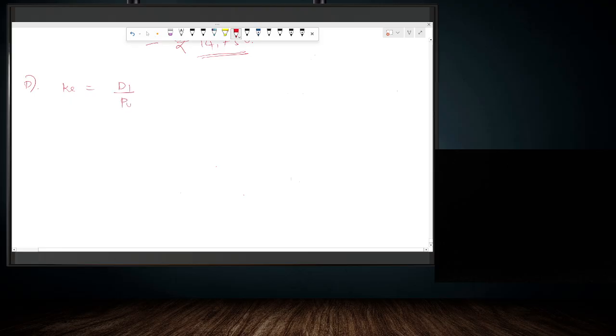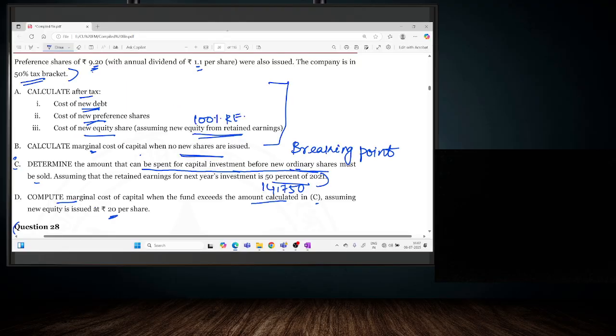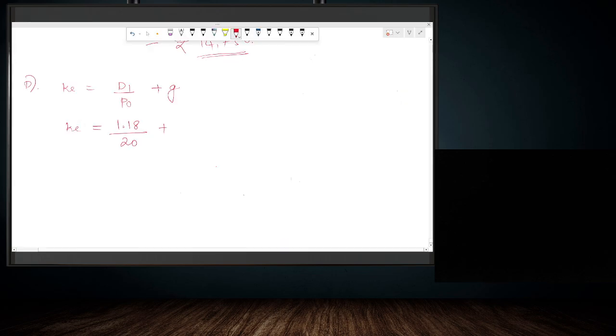D1 by P0 plus G. Cost of equity is equal to, what is the D1 that we already calculated? 1.18 divided by P0 is? P0 should not be 23.6, but it should be 20. Plus, in this question, no flotation cost is given. If flotation cost is given, that needs to be adjusted. Plus, growth rate is how much? 10% or 0.1. Cost of equity how much? 10.059%.